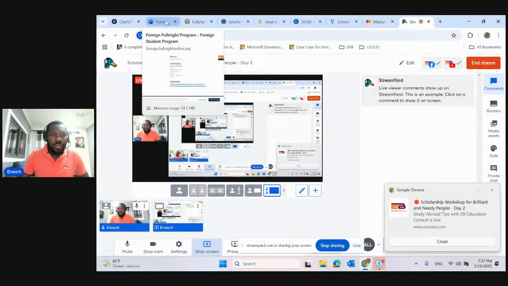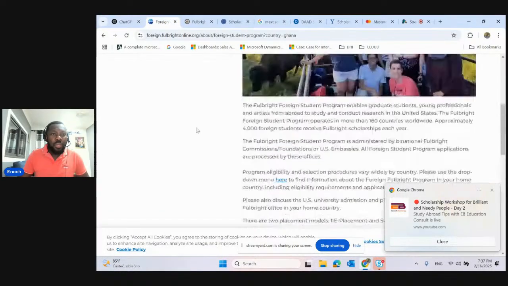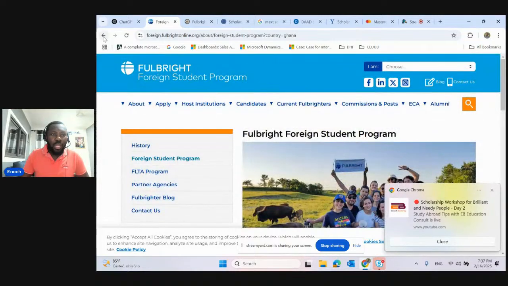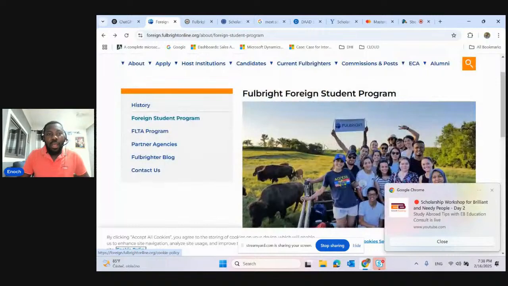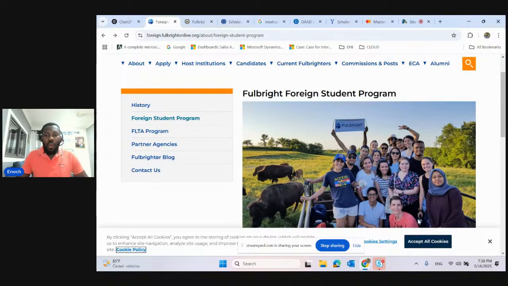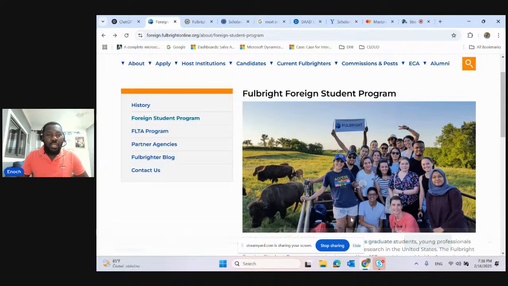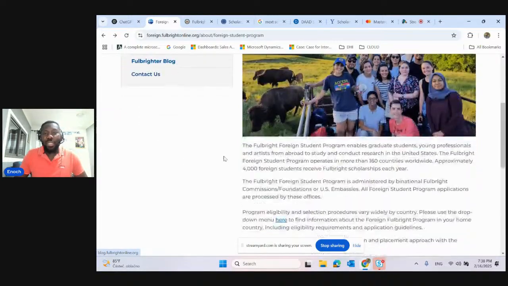The Fulbright scholarship is offered for foreign nationals who intend to study in the United States of America, and depending on where you are coming from, the scholarship information is available at a specific location in the country.